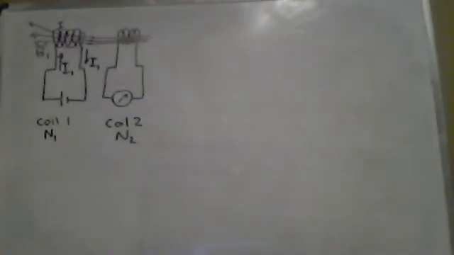I'm going to imagine the current I1 varies in time, and that the second loop is lined up, their axes coincide. They have the same axis going through the center of each of the loops, even though one looks bigger than the other.